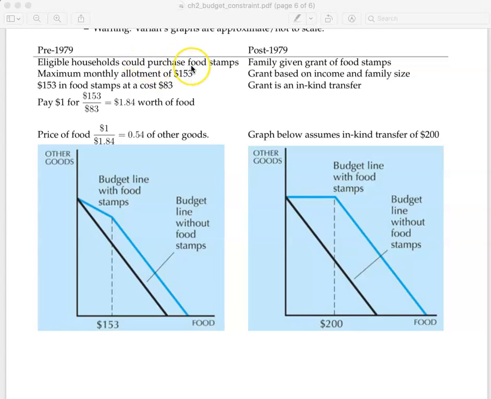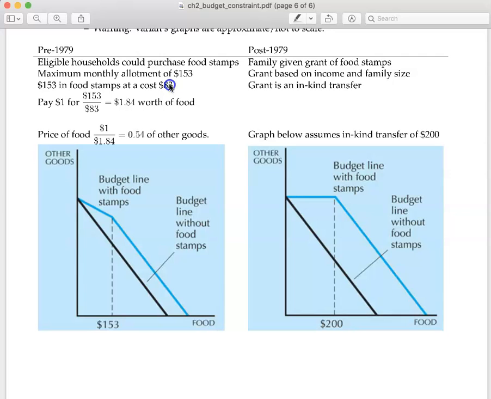Eligible households could purchase food stamps, okay? And the maximum for a family in the income group we're talking about, they could purchase a maximum monthly allotment of $153. And that $153 in food stamps cost that household $83, right? So essentially a household could pay $1 and get $1.84 worth of food over that range, right?